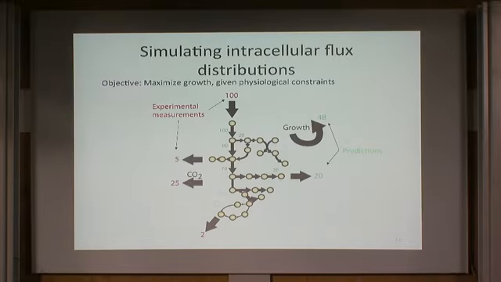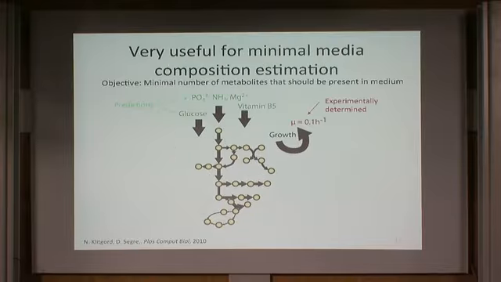What it is useful for, for example: you have experimental measurements, you measure your glucose uptake or some secretion rate, and you can predict quite well growth or ethanol secretion rate, at least for model organisms like Saccharomyces cerevisiae or E. coli. This has quite good accuracy.